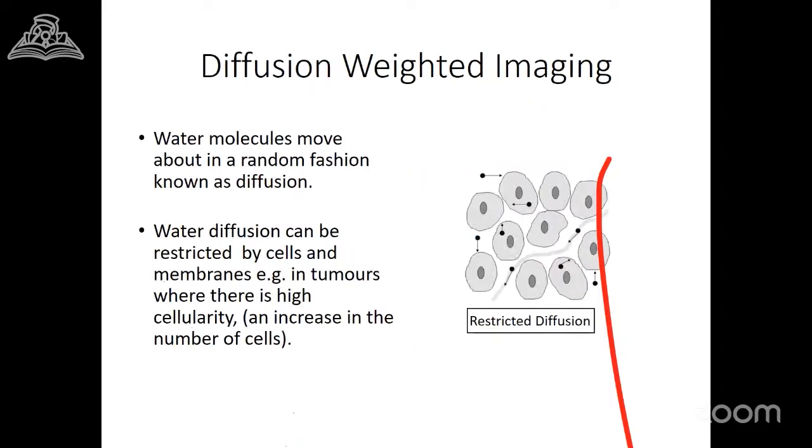So, water molecules normally move freely in a random pattern known as diffusion. In prostate cancer, this movement becomes restricted due to increased cellularity and dense tumor structure, making DWI an important sequence for detecting suspicious lesions.